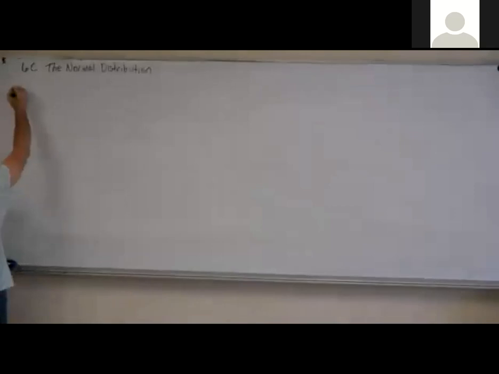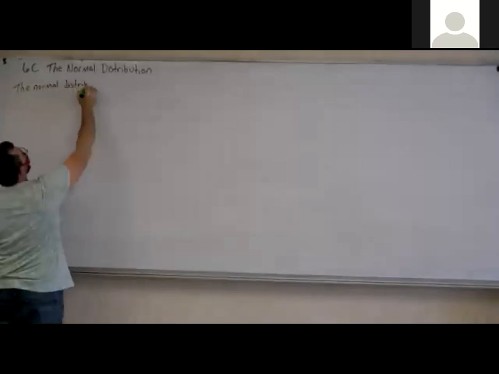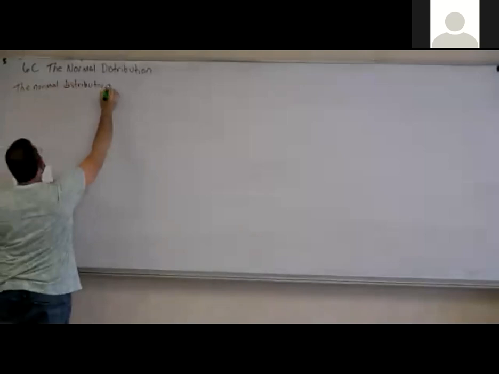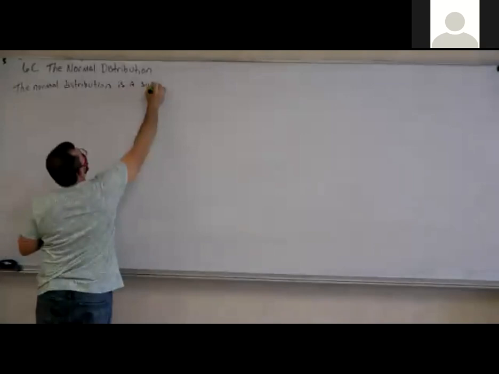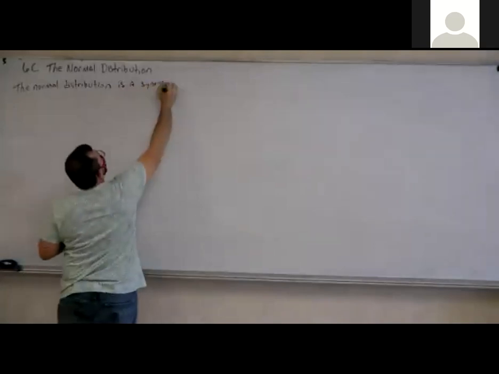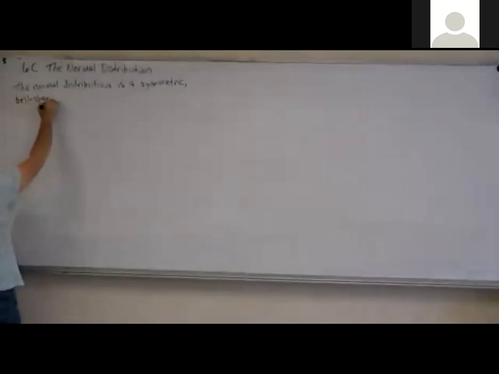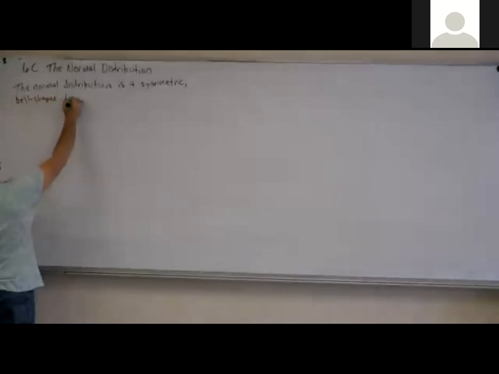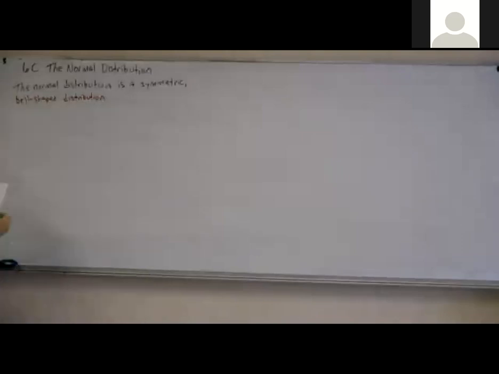So the normal distribution is a symmetric bell-shaped distribution with a single peak.